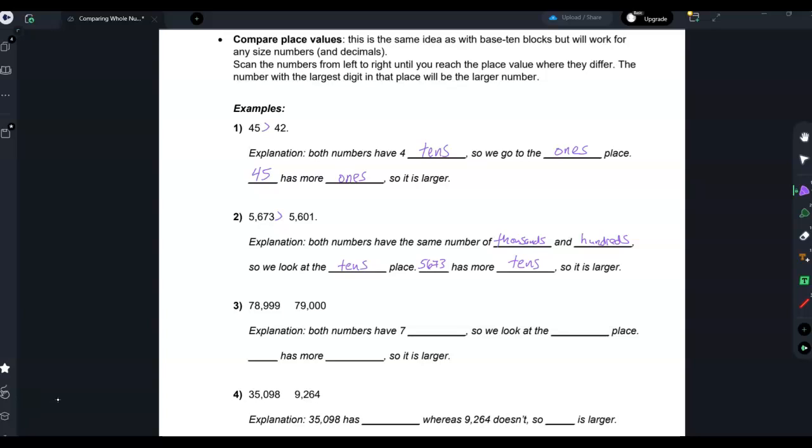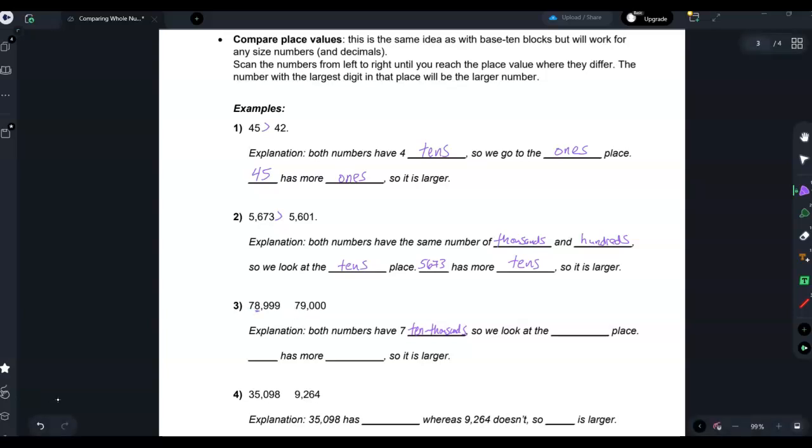So whenever our numbers don't have the same number of digits, it would be good to put zeros on there to make them have the same number of digits. In this next example, they both have 5 digits, so we would just start with the leftmost. In this case, they both have a 7 in the 10,000s place. And so since that's the same, we would move on to the thousands place.